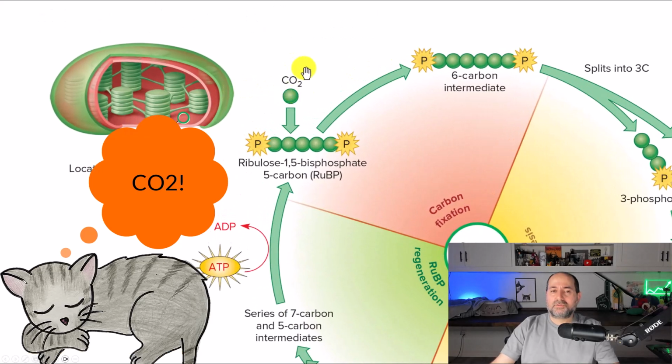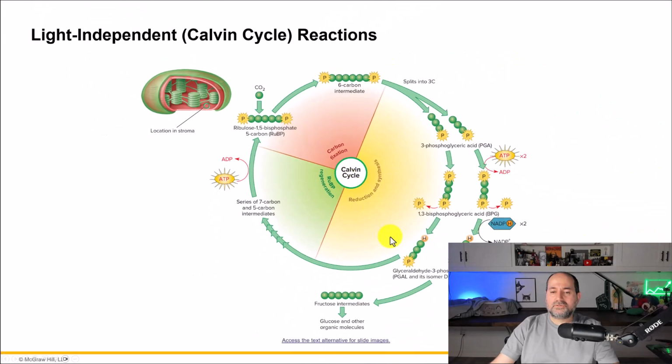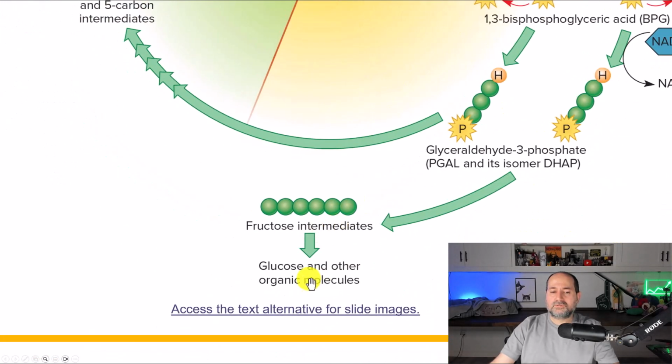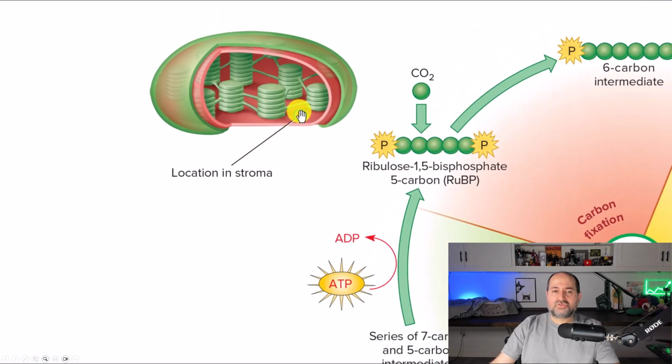This is the whole purpose of carbon fixation, right? Taking CO2 out of the air and reducing it to glucose. So the product is glucose, and the reactants are CO2, ATP, and NADPH. And remember, where does the Calvin cycle occur? In the stroma, the fluid outside of the pancake stacks.